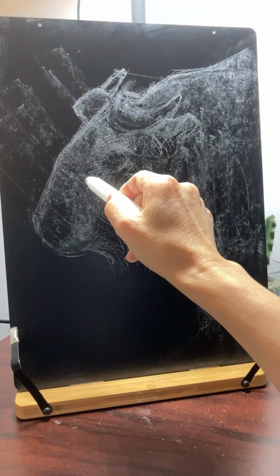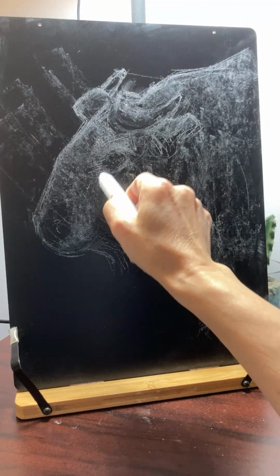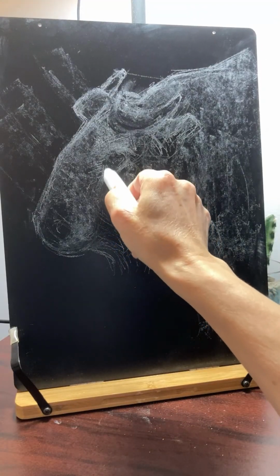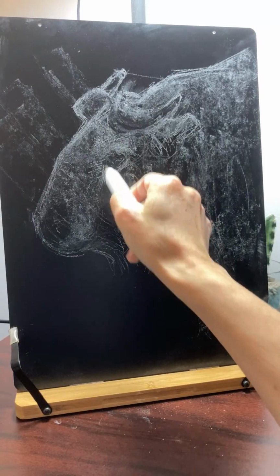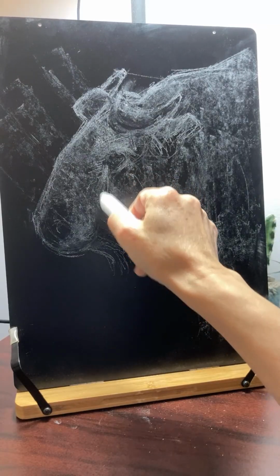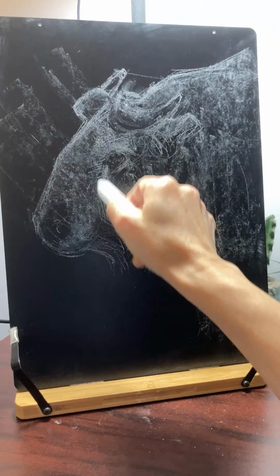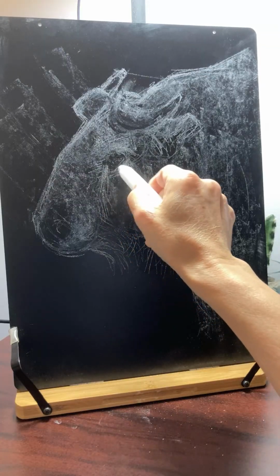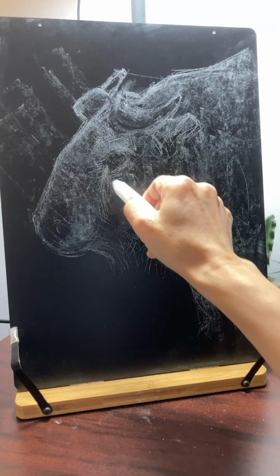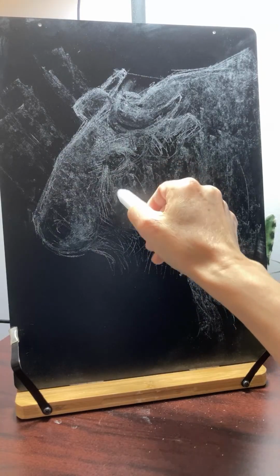Okay, this is the eye corner. Okay, the hair goes down.